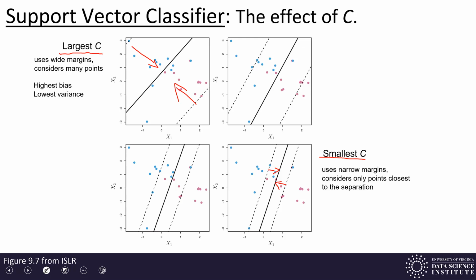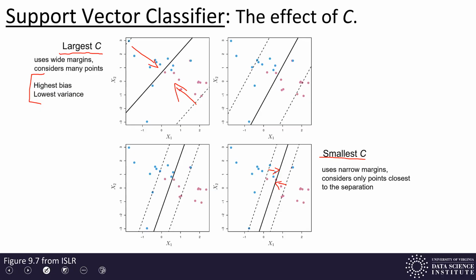Also worth thinking about, we can think about the bias variance trade-off here. So large C has the highest bias and the lowest variance. It is the lowest variance because individual points don't contribute very much to determining where that separating hyperplane is. So the separating hyperplane doesn't vary a lot based on individual points.